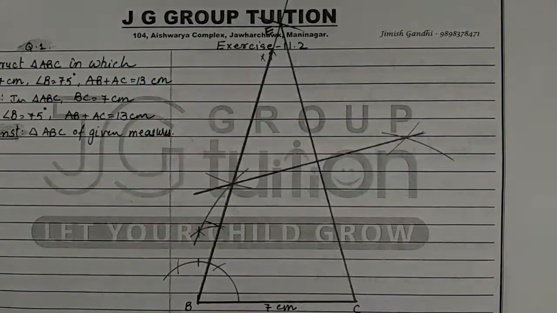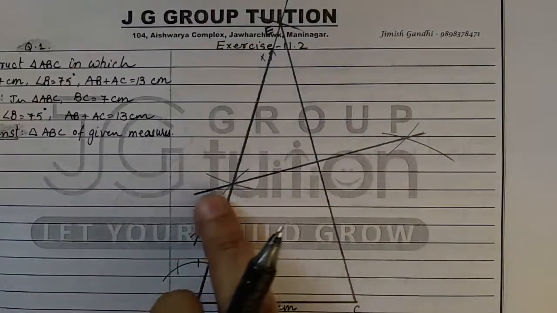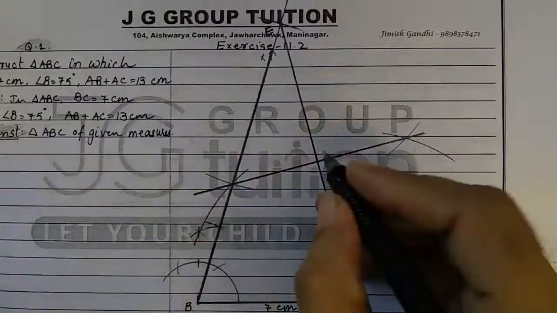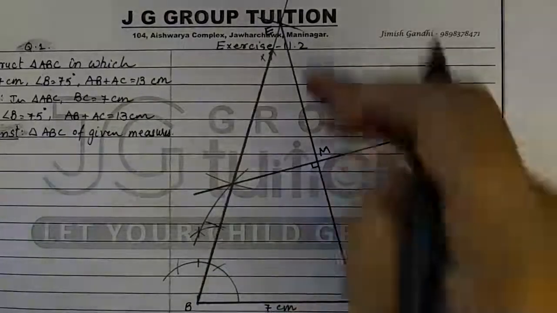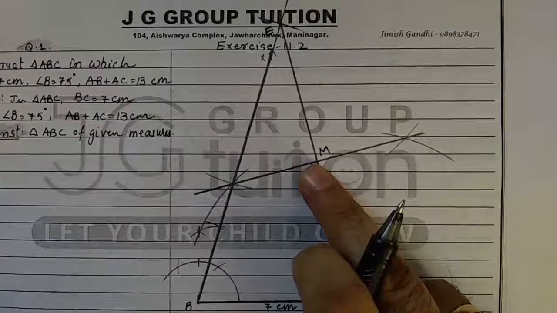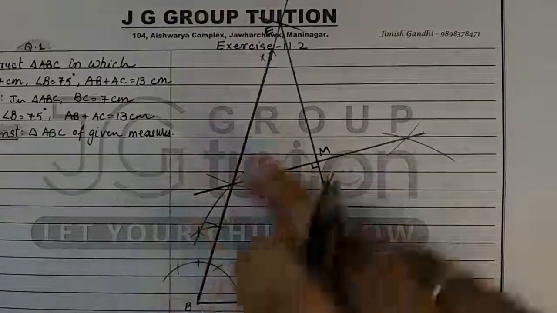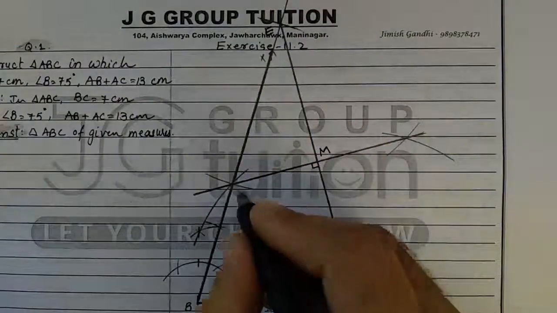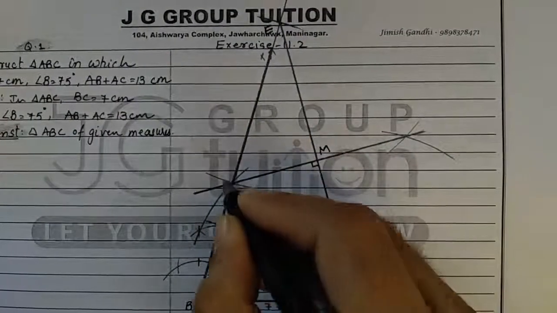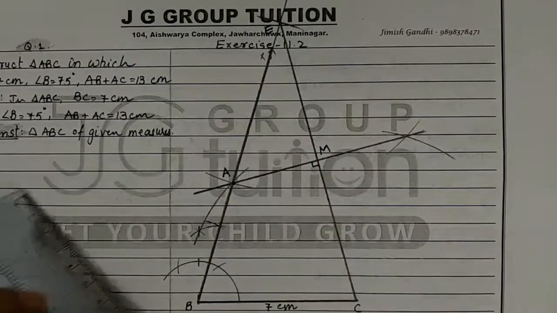Now the important question: where is point A? This perpendicular bisector bisects EC at a point, which I'll call M. The same perpendicular bisector intersects BE at this point, and I'll call that point A. So this is the point A which we require.